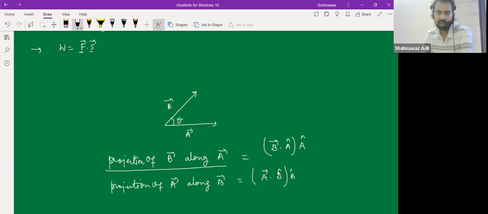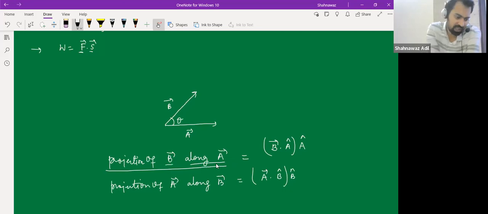Because let's say this is A vector and this is B vector, and I'm taking the projection of this B vector along A. Now the B has come to this direction. Abdullah, can you tell me what would be the direction of B if I am taking the projection of B along A?